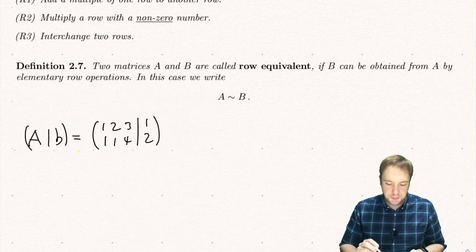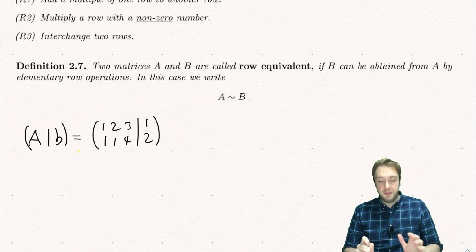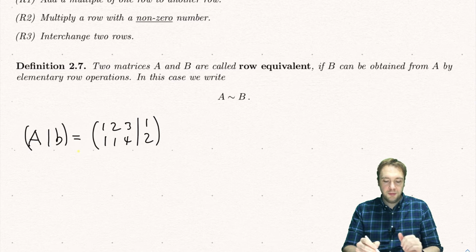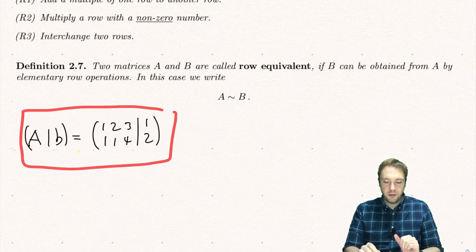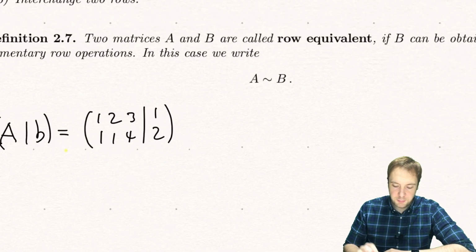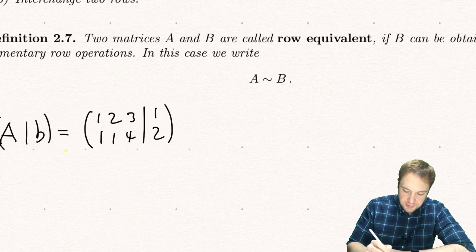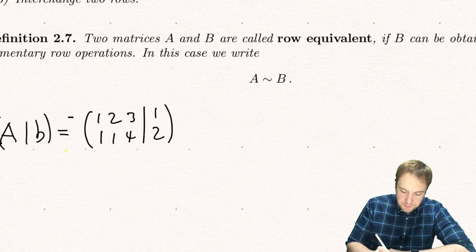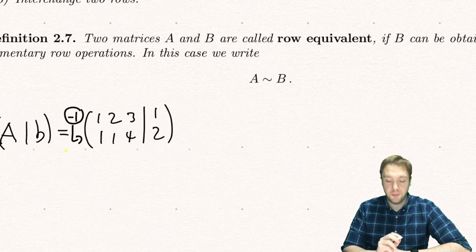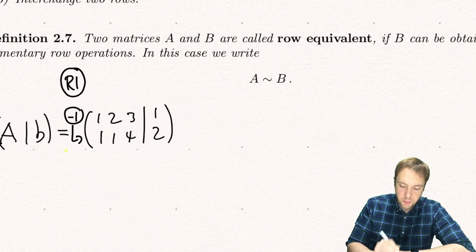So if I start with the linear system AX equals B, then I want to solve this, and first what I do is I write down the augmented matrix, and then I apply these row operations, and I use the same notation. I say what was the first step. In this case, we took this first row and subtracted it from there, so this is row operation R1.